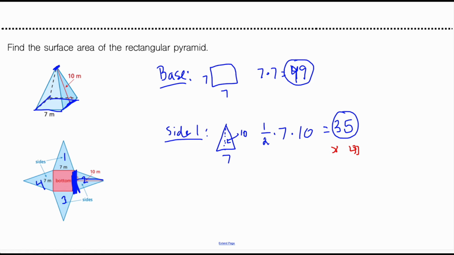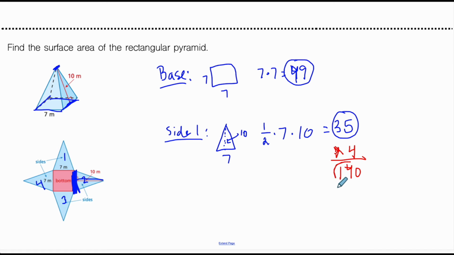Then you'll have all 4 sides added together. So 35 times 4 is 35 plus 35 plus 35 plus 35. That's 140.